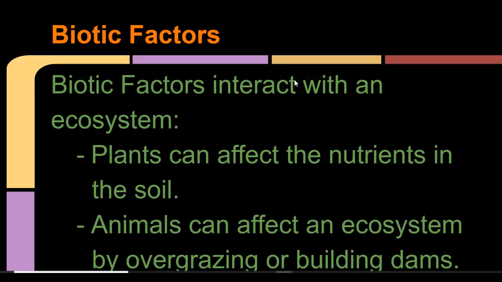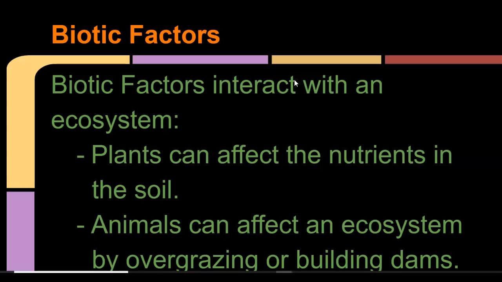Some types of biotic factors that you will find in the environment. So you have plants. Well, plants are food for many things. They give off oxygen that's needed for many animals. Plants can give shelter. Plants can also take nutrients from the soil. So not only are plants good for the environment, but too many plants over time can actually overdo the soils.